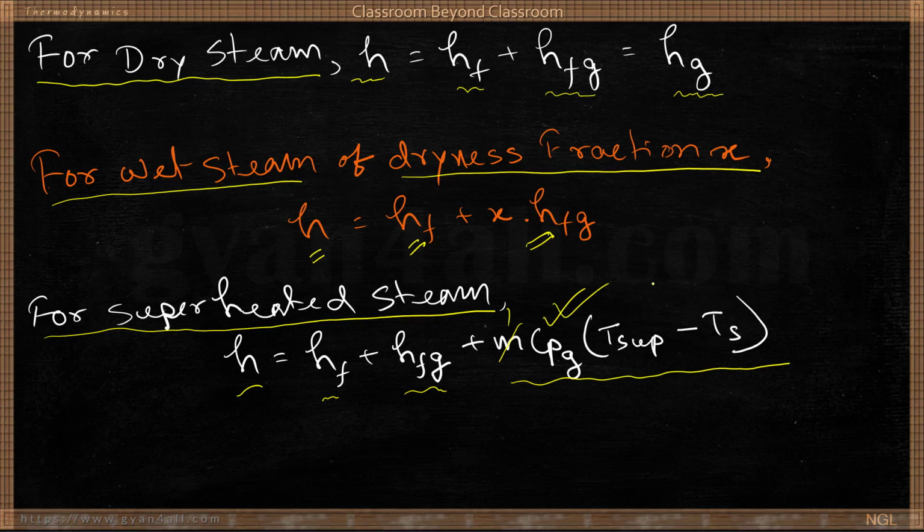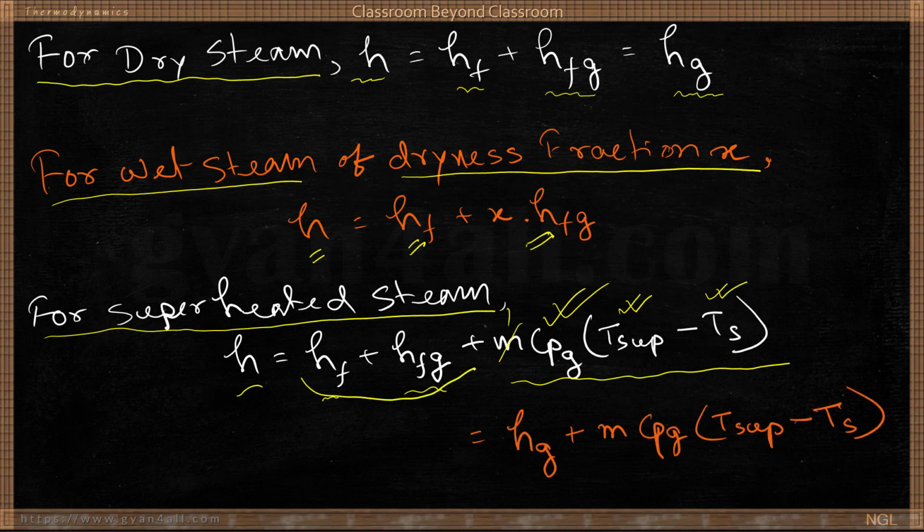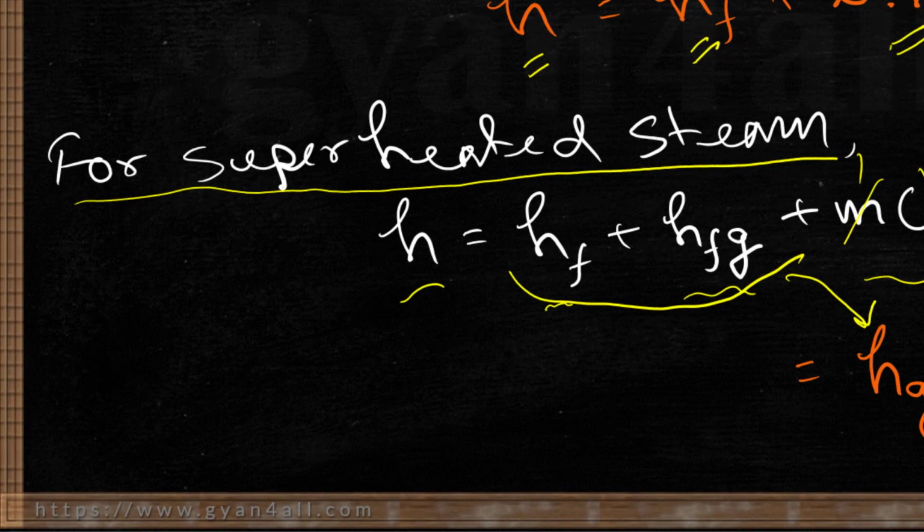Cpg is the specific heat of superheated steam. T sup is the temperature of superheated steam. Ts is the saturation temperature of steam, the boiling point. So Hf plus Hfg is again Hg, plus this much.